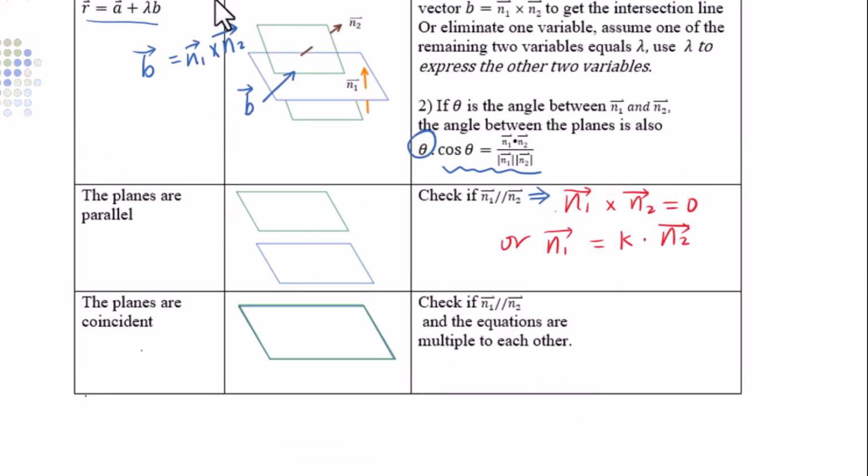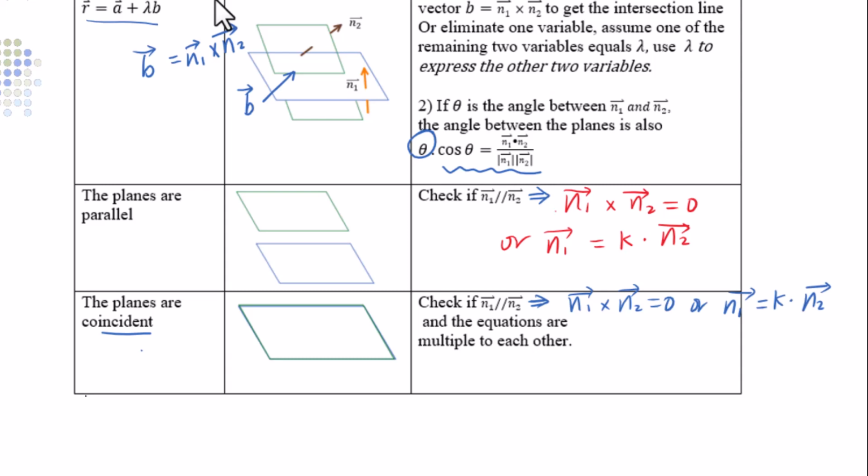When these two planes are coincident, still n1 is parallel to n2, which means n1 cross n2 equals 0, or n1 equals k dot n2.